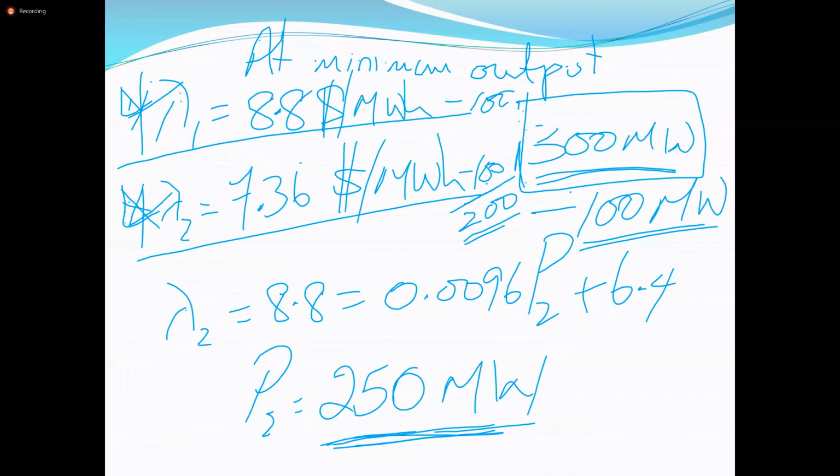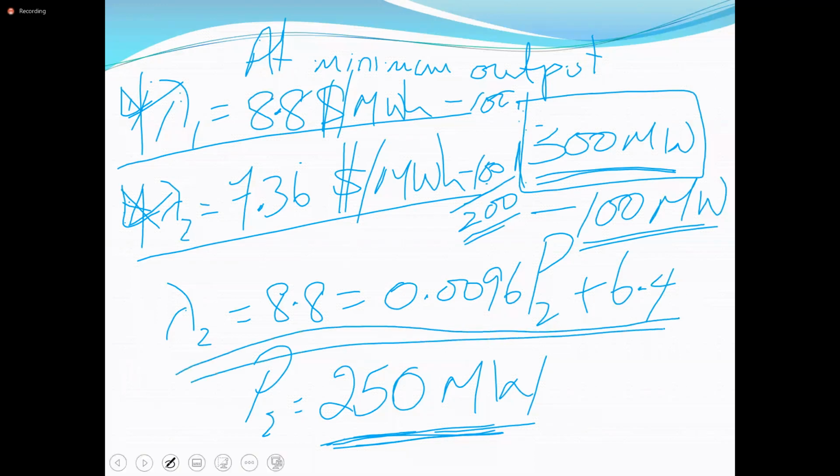So if each of them, once they are running, must produce 100 megawatts, how much would they be supplying to the system? That's 200. All right. So how much more do you need to make up the 300? 100, sir.